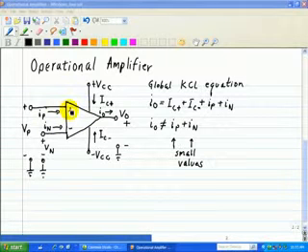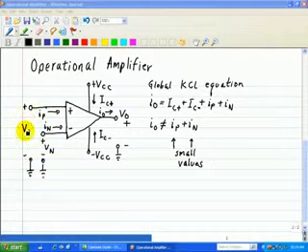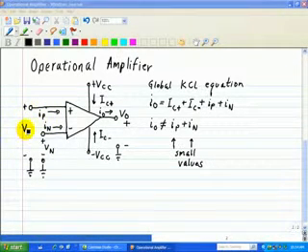Okay, let's look at the op-amp voltage and current definitions. Associated with the input are the non-inverting and the inverting inputs. We have an IP going into the plus side of this op-amp, that's again our non-inverting input current, as well as our voltage measured with respect to ground, VP. Here we have our inverting input current IN, and associated with it is our voltage VN, also measured with respect to ground.